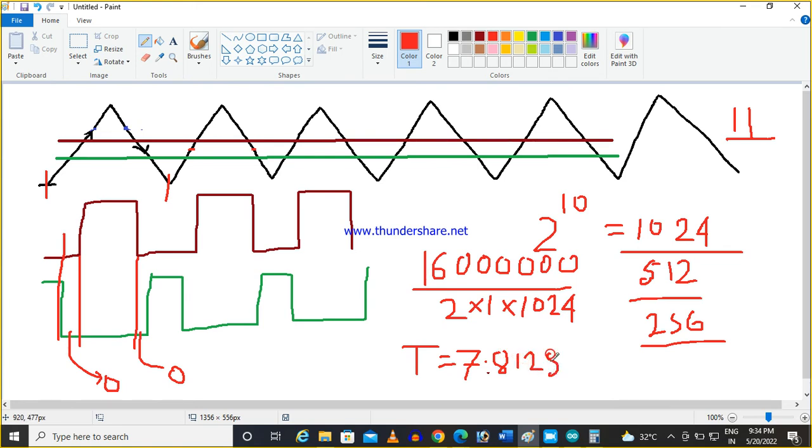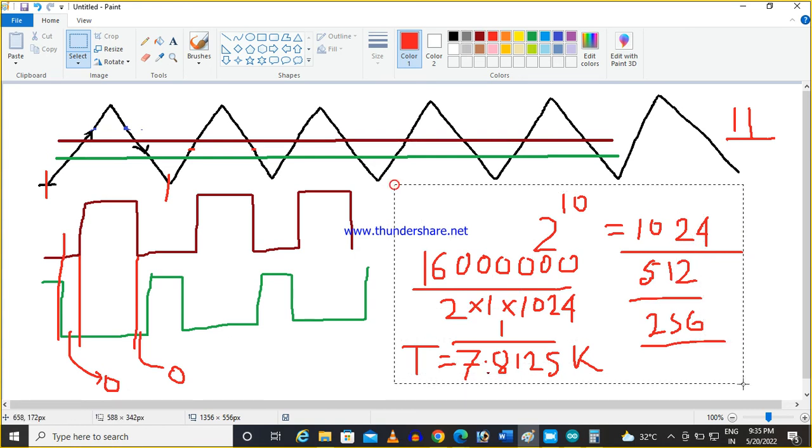1 by 7.8125 kilohertz, that means that much millisecond. That is my total period. So you found the period. What is the period?